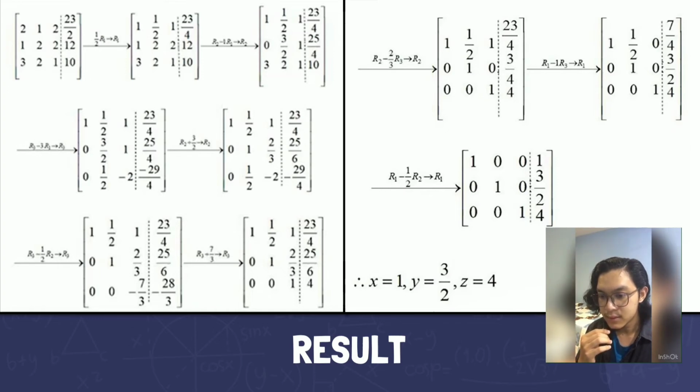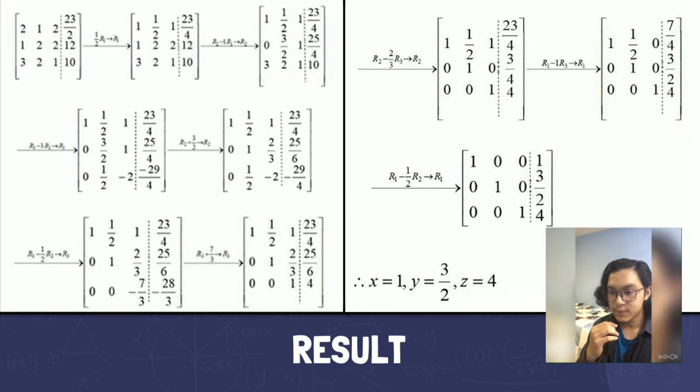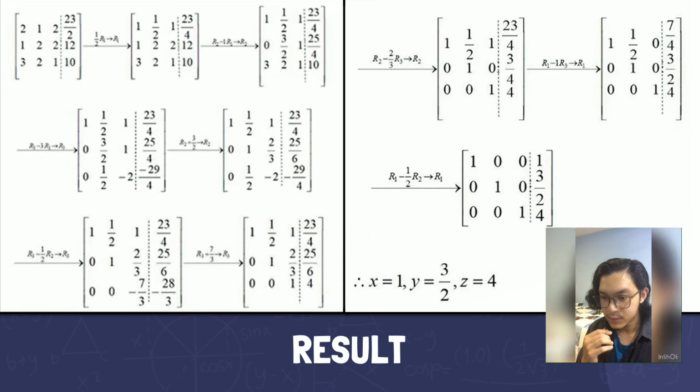And lastly, row 1, R1 minus 1 over 2 R2. So row 1 will be 1, 0, 0, 1. So from that we will find our identity matrix, and from that we know that x equals 1, y equals 3 over 2, and z equals 4.